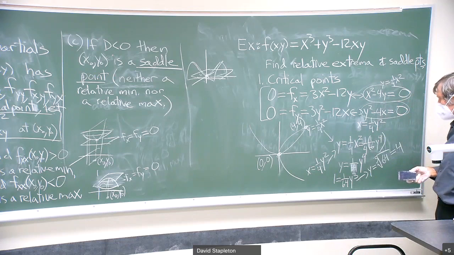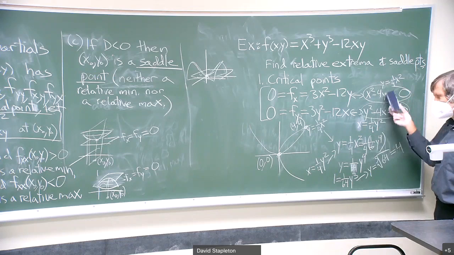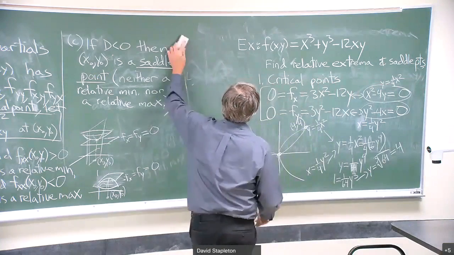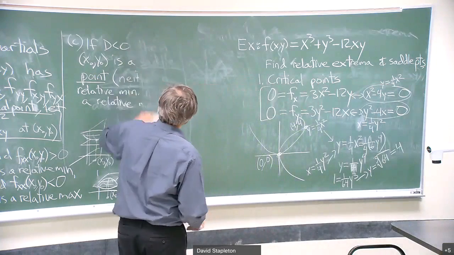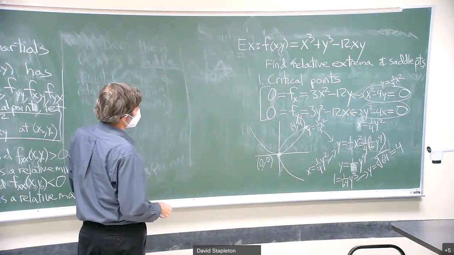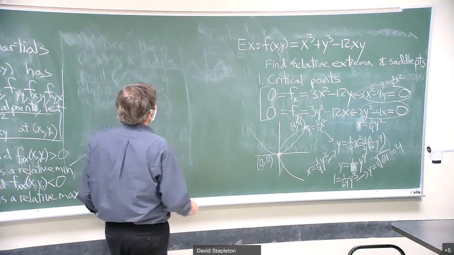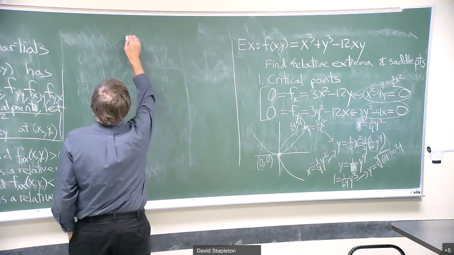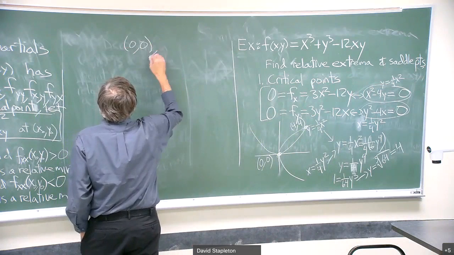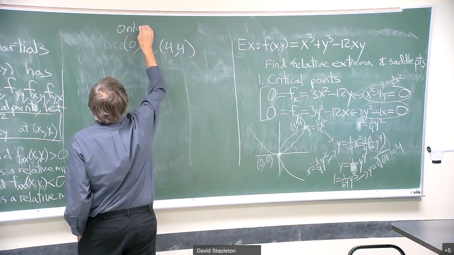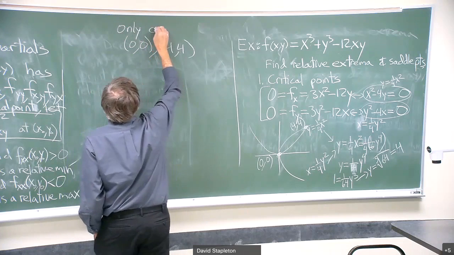Lots of things can happen. Well, I'll just say that you just have to use your own intuition sometimes on those. The book won't make them too hard for you. You can look at them and do something like I did here with the picture that sometimes helps. So there's the two critical points. 0, 0, and 4, 4 are the only critical points. The only places where the parabolas intersect.